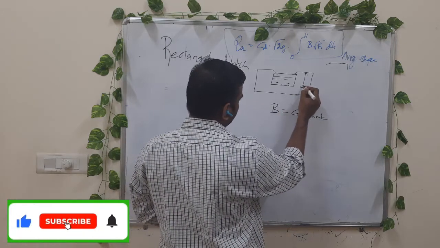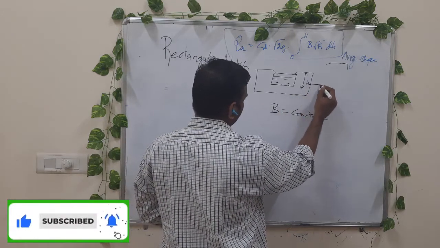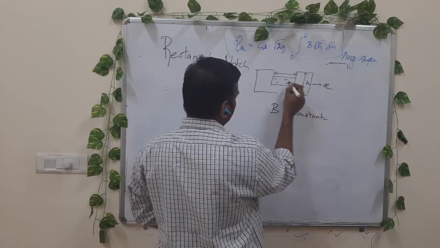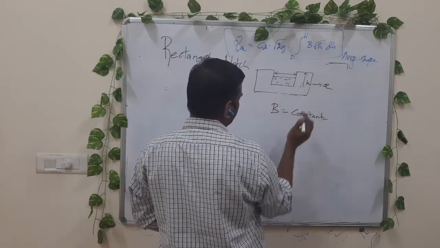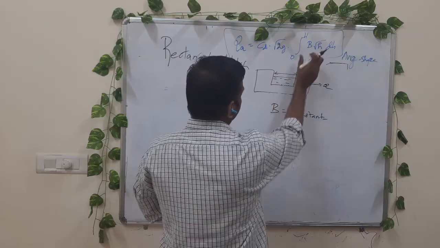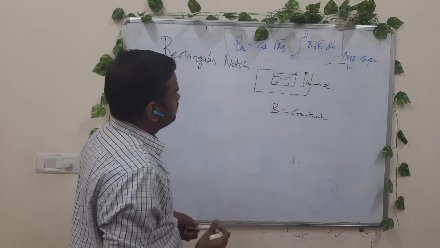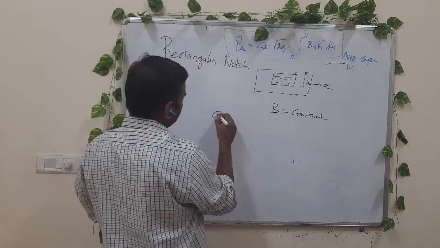Only as the h varies, your Q will vary, so depending upon the height of the fluid, you are going to have different discharge. So when the width is constant for a rectangular notch, what actual discharge will you get?